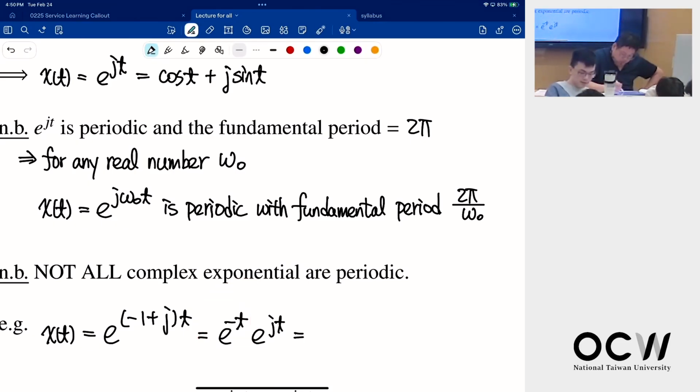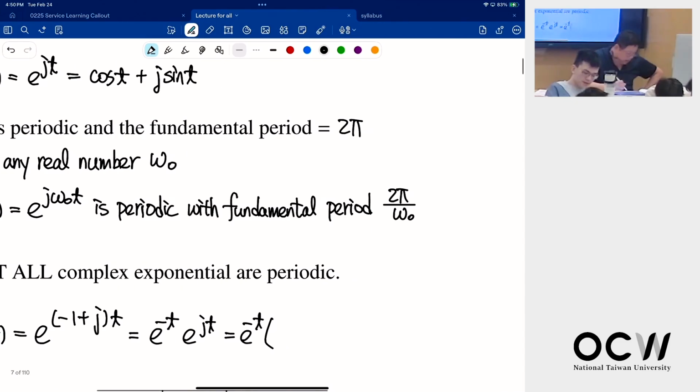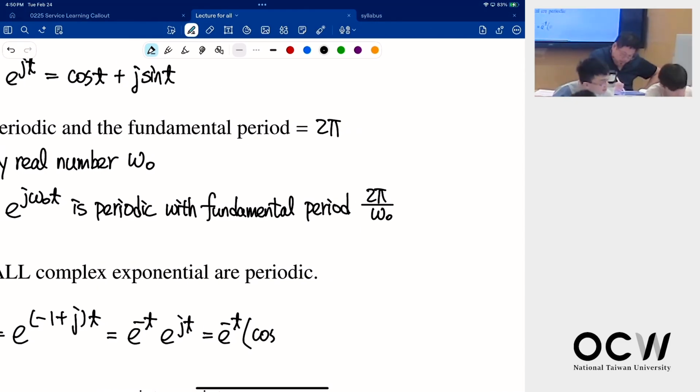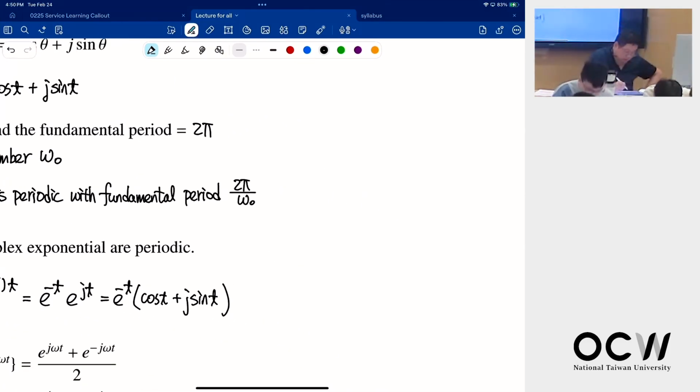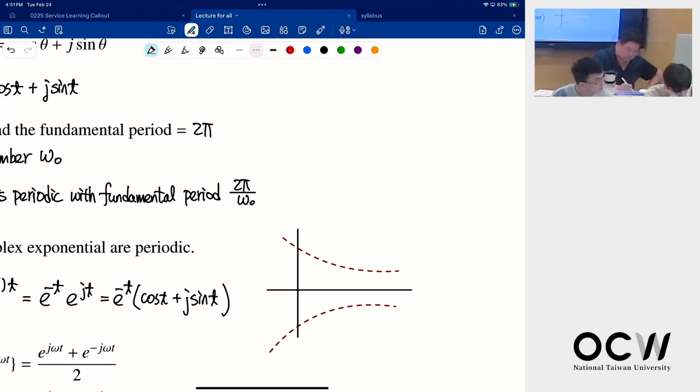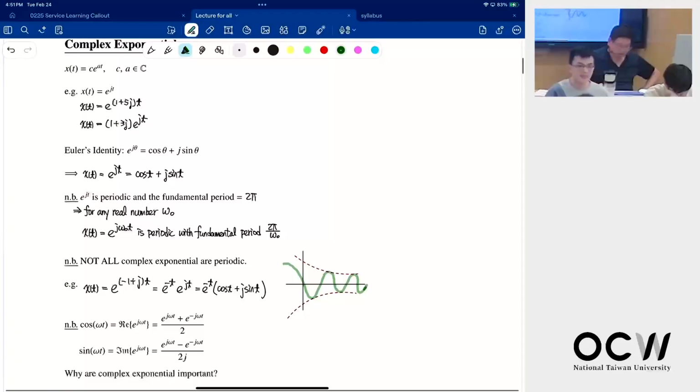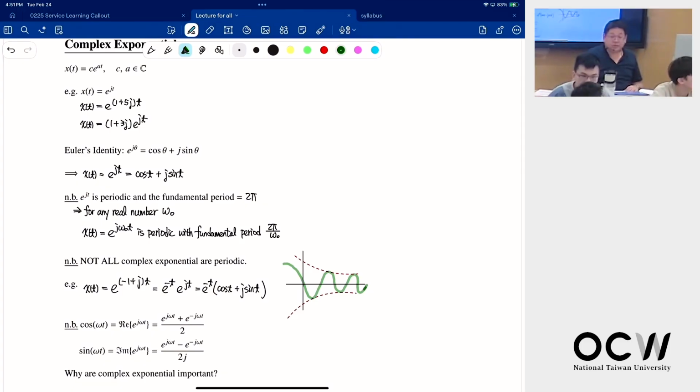We have e to the minus t, and here cosine t plus j sine t. It is not periodic because you can also plot it. The signal looks like this one. Whatever you shift, it cannot match your original signal.